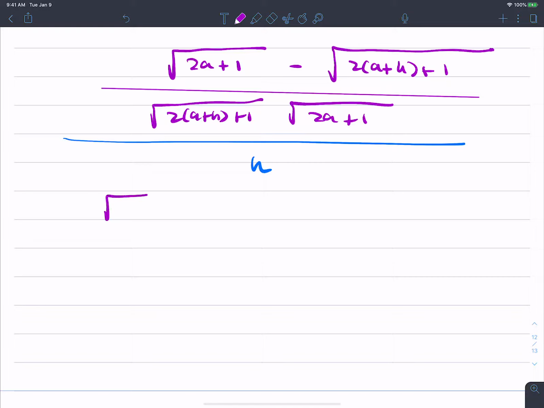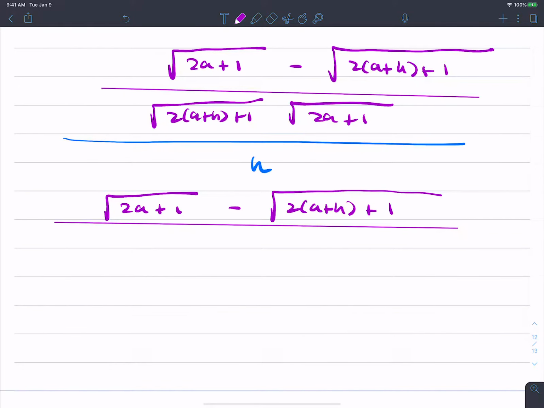Here's what we get. The square root of 2a plus 1 minus the square root of 2(a plus h) plus 1, over the square root of 2(a plus h) plus 1 times the square root of 2a plus 1.